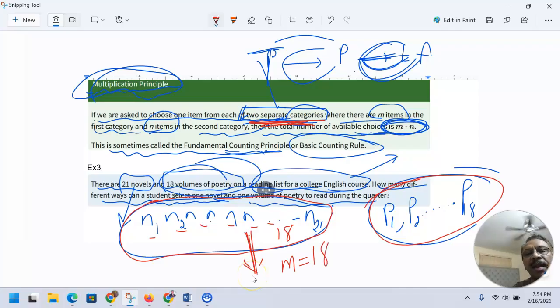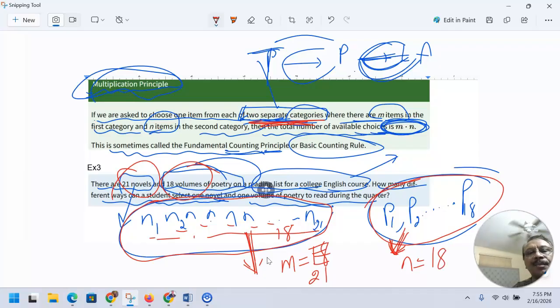And then once you select the novel, you need to pick a volume of poetry here. So you have N here in this case. Sorry, the novel is 21, right? So this is 21 and the poetry is 18. So the question is asked, how many different ways can a student select one novel? Let me think.